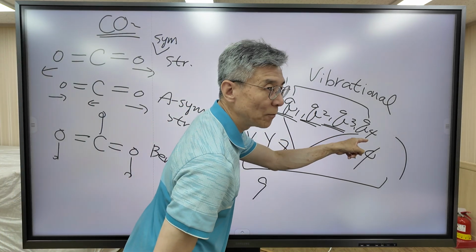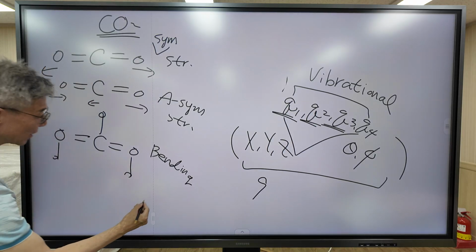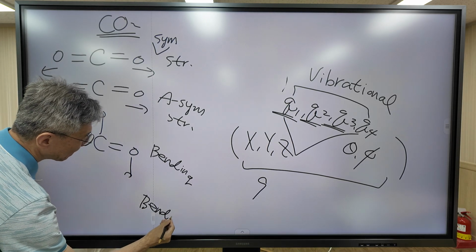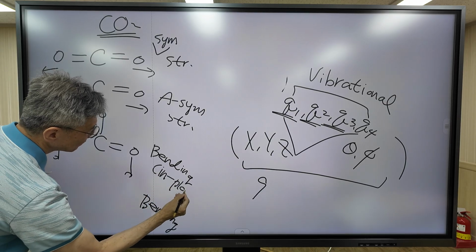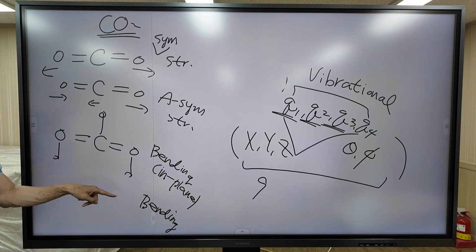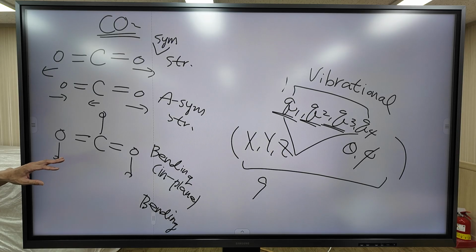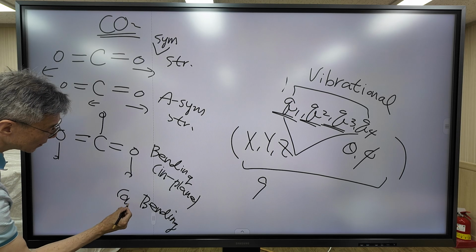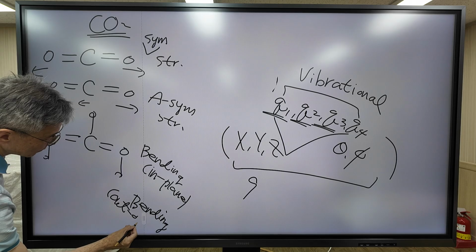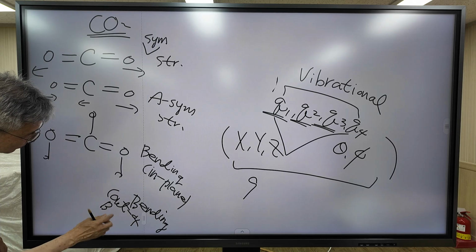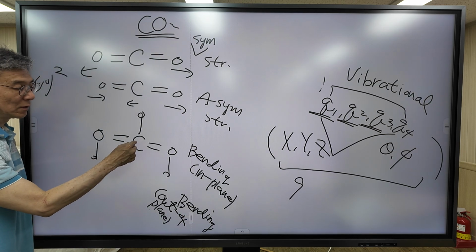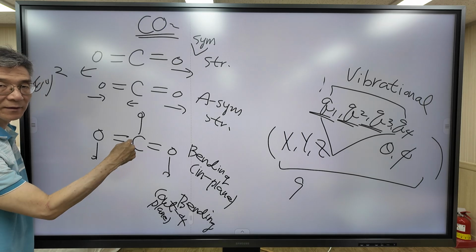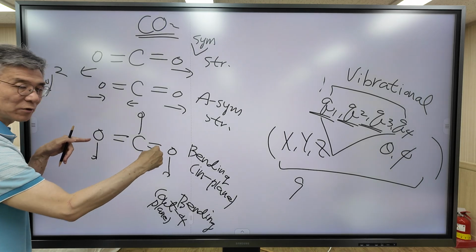Now then, what is Q4? Q4 is also bending. The previous bending is called in-plane bending. The fourth type of vibration is also called bending, but it is out-of-plane bending. In out-of-plane bending, the carbon comes out of the plane and the oxygens move into the plane.